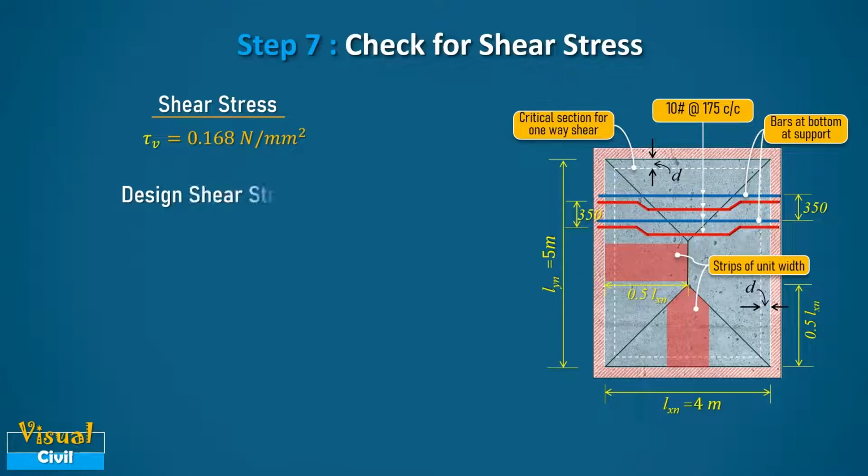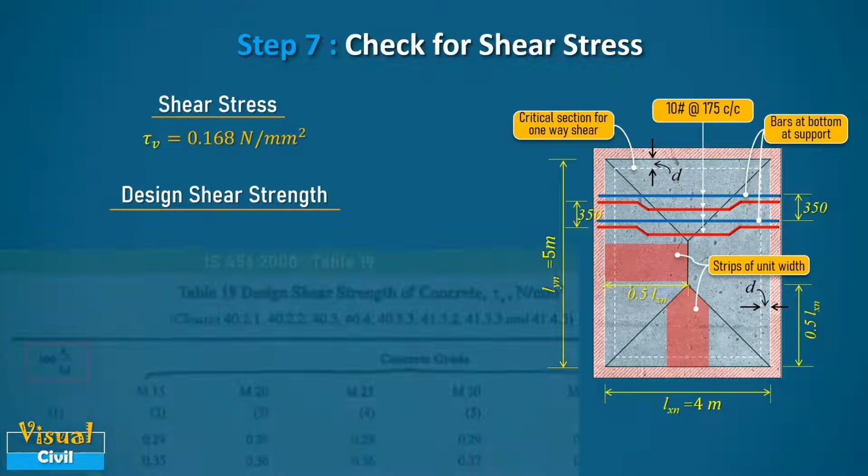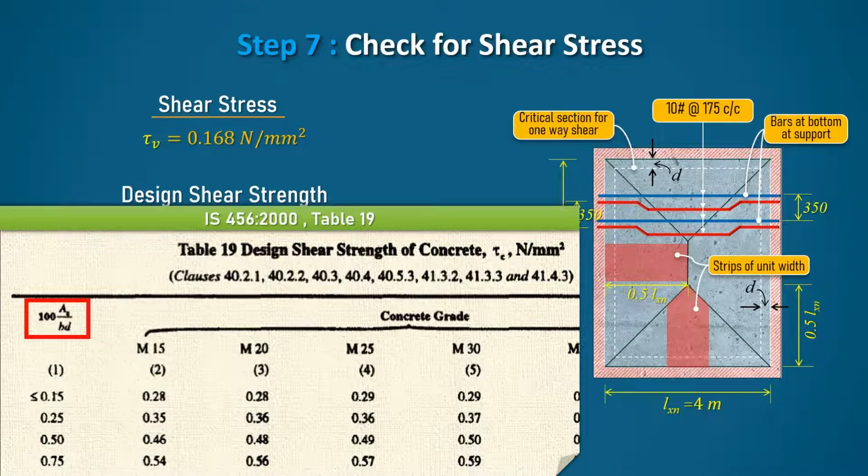Now let us compare this shear stress with the design shear strength of the slab. We can get this design shear strength based on the percentage area of steel provided at support and the grade of concrete from table 19 of IS 456. So let us find the percentage area of steel provided at support.